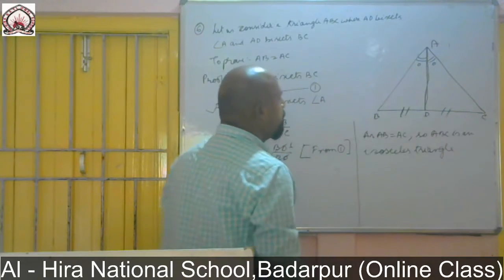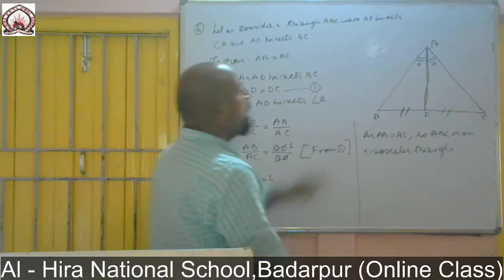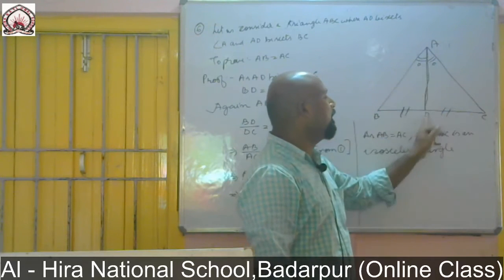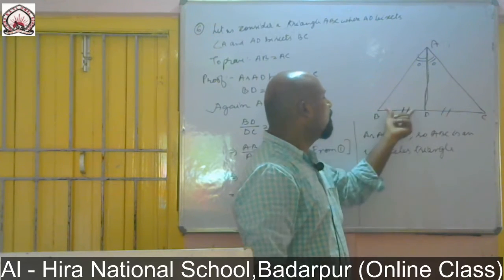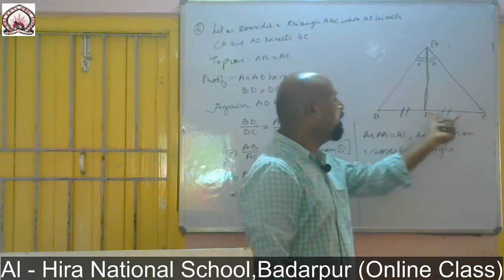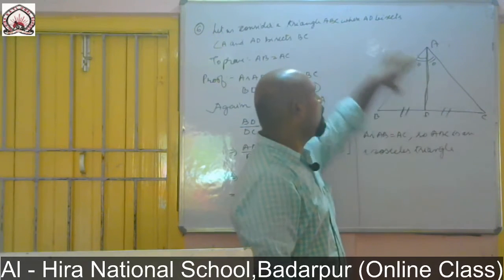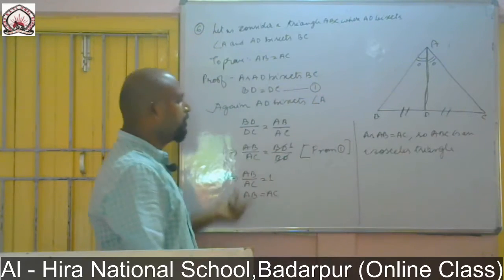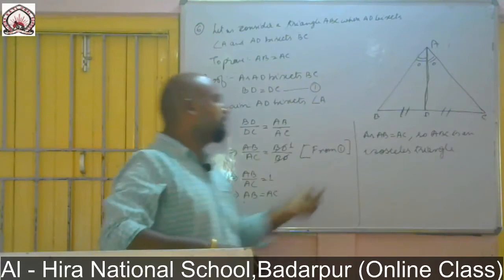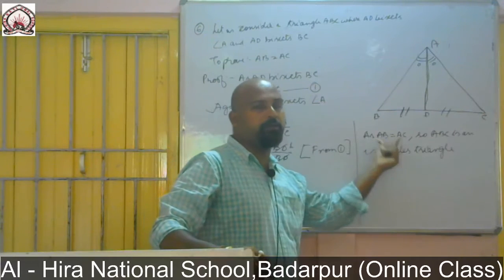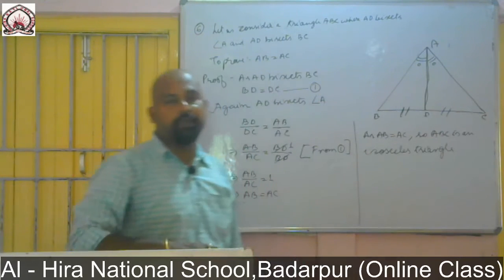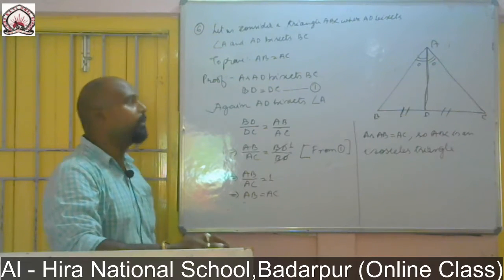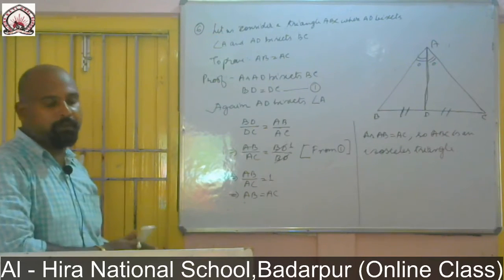So from triangle ADB and triangle ADC, we are getting BD by DC equal to AB by AC. Then after solving in this procedure, we are getting AB equal to AC. When two sides of a triangle are equal, then it is an isosceles triangle. This is about question number 6.